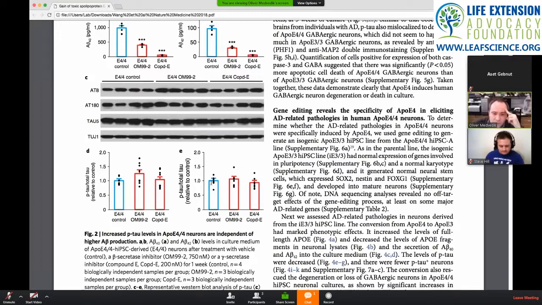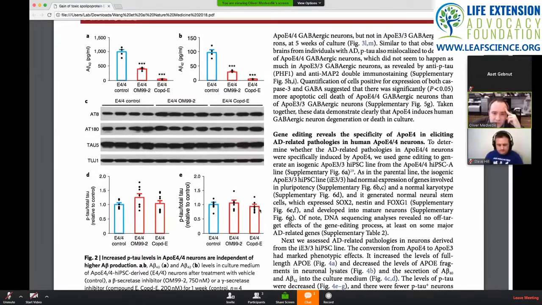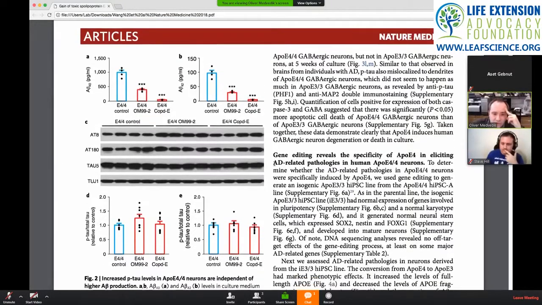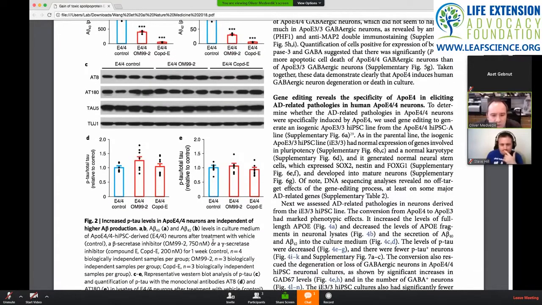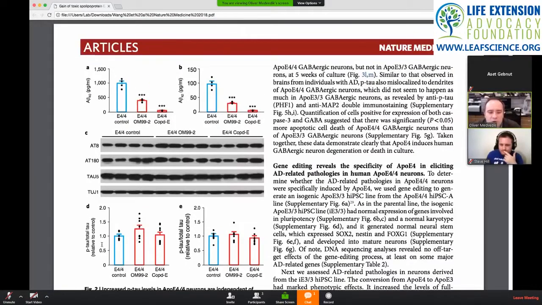What they notice in the neurons that they generated using the human induced pluripotent stem cells is that when they use a variety of inhibitory factors, gamma secretase inhibitors and beta secretase inhibitors, those secretases are required for the amyloid beta to get derived from APP, right?